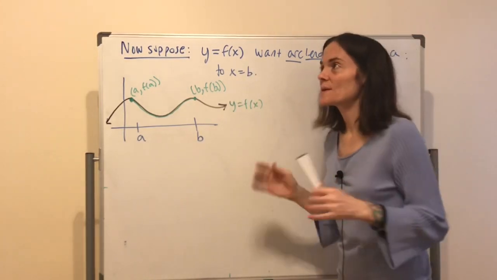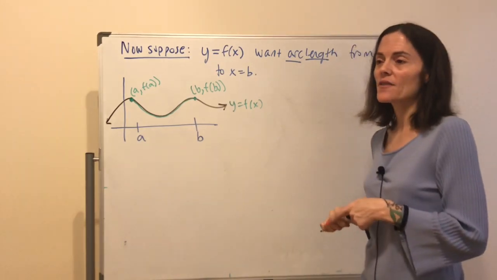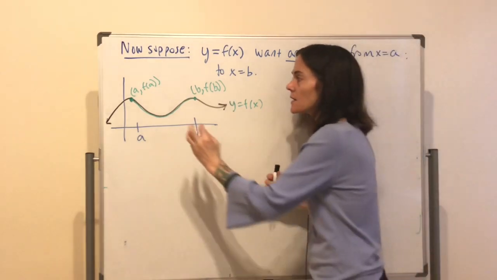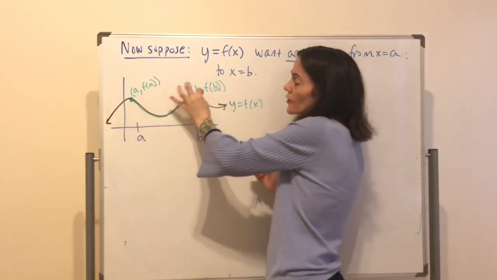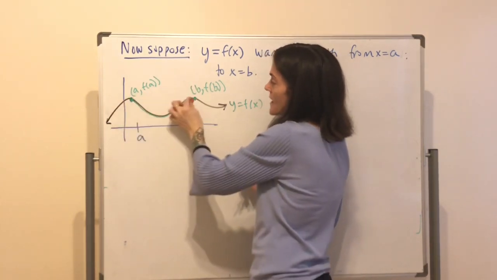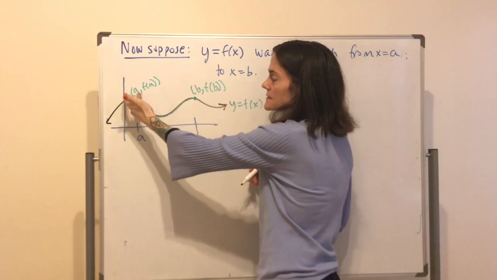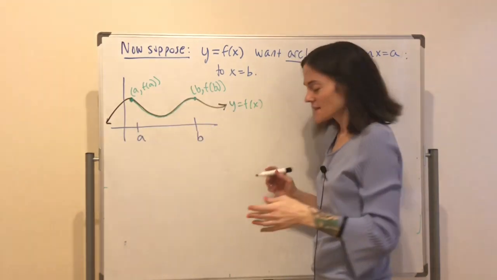But to see the formula, we can really think about the vector version. Because look, this green curve between a comma f of a and b comma f of b is motion in space, right?